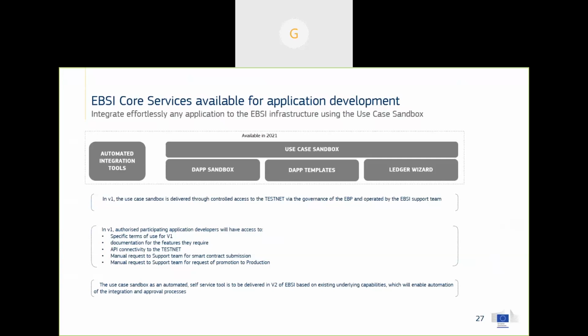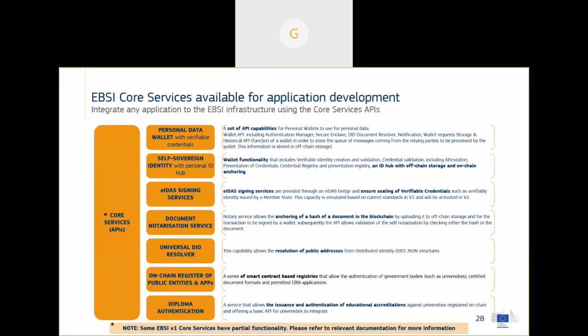In the next slide, we can see that the core services are described here in terms of their ultimate benefits. These reflect and are actually served as the core service APIs that were described earlier. So these are available from today. The documentation is there, whilst the APIs are connected to the test network over the month of April, and then they will be available to test against.